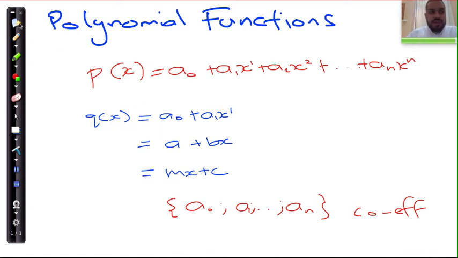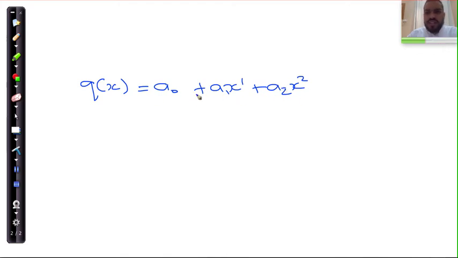Well, that polynomial looks something like this. If we express it algebraically, let's call it q of x again. And we could say that polynomial is actually a naught plus a1 x to the power of 1 plus a2 x to the power of 2. And the reason each of these a naught, a1, a2, they're all just coefficients, right?